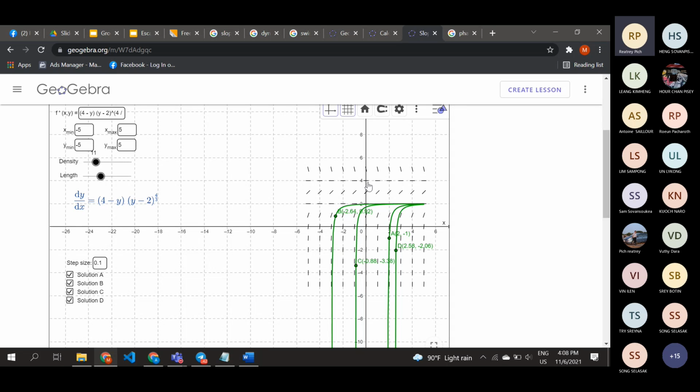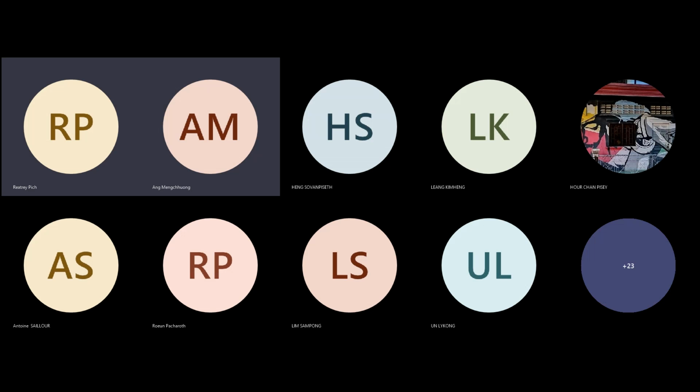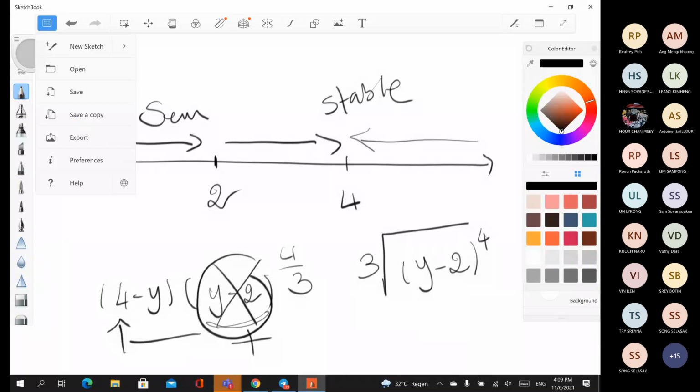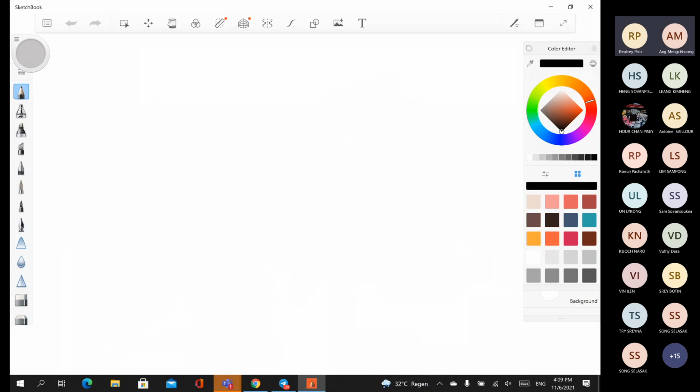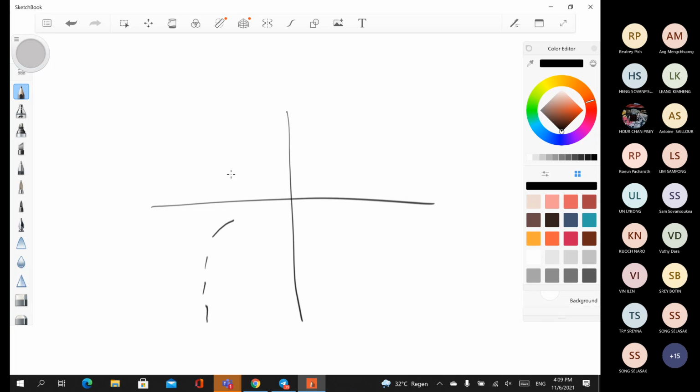Okay, let me share screen first. When you draw the diagram here, you always see something like this, and like this, and like this, right? Yes, teacher.